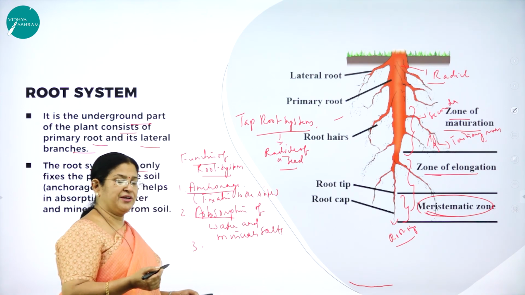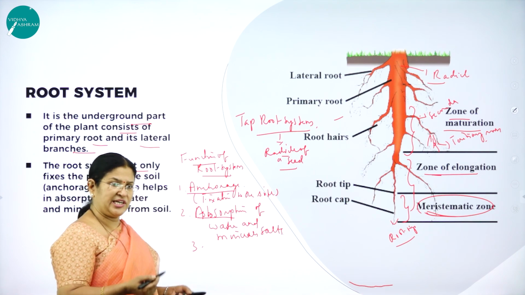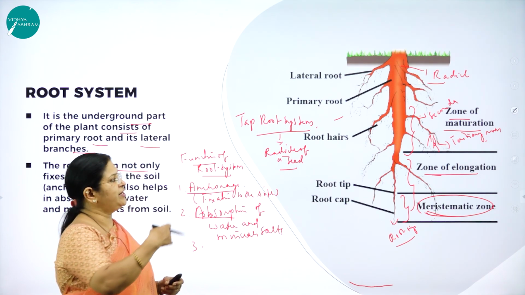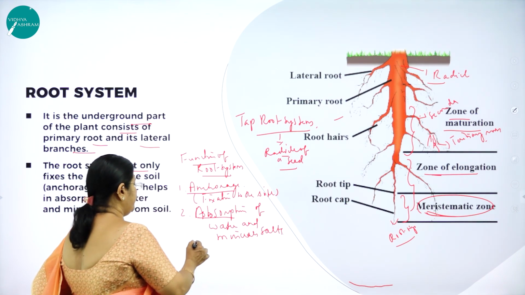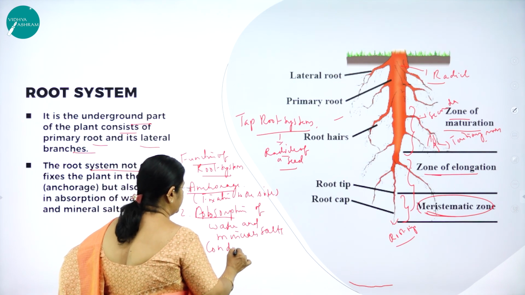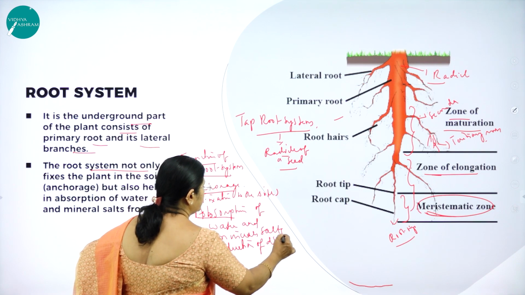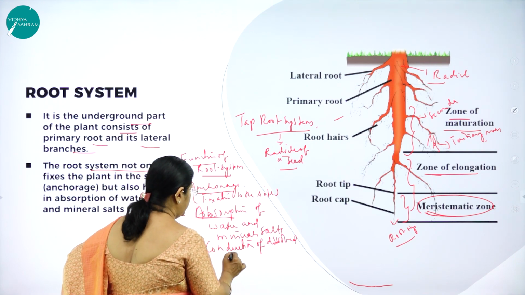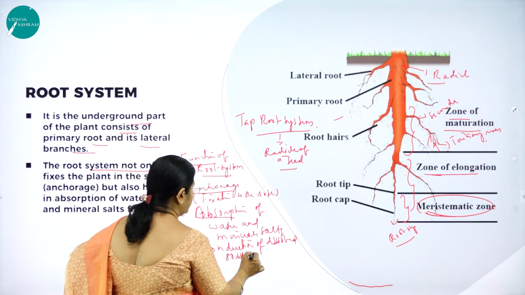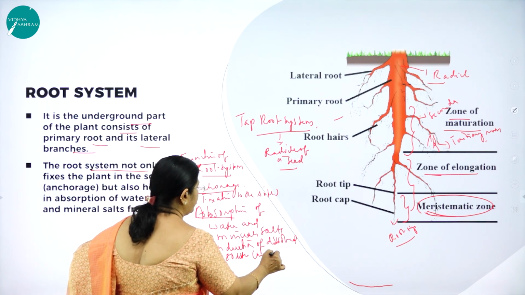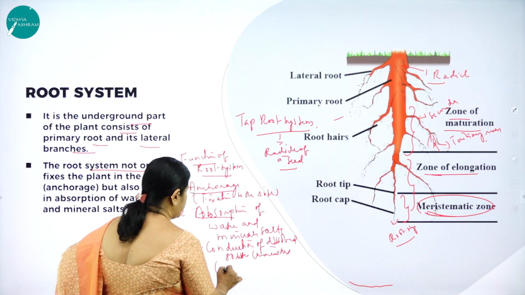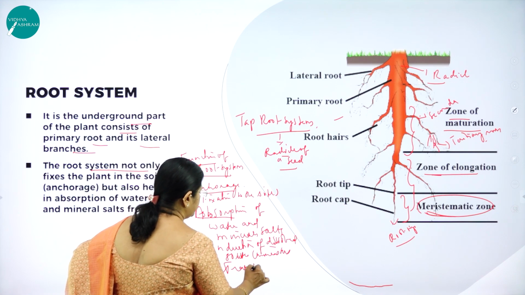The lateral roots, that is the secondary roots and the tertiary roots, absorb water and give it to the primary root. From there, very important is what? Conduction of dissolved solutes, that is water and mineral salts. Conduction means what? Transportation.